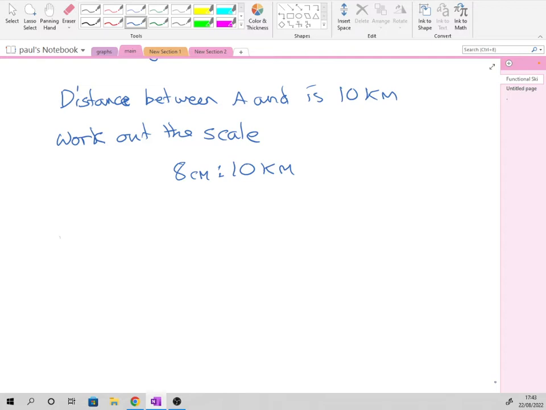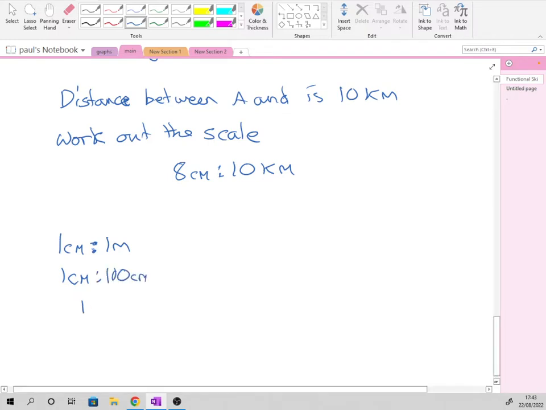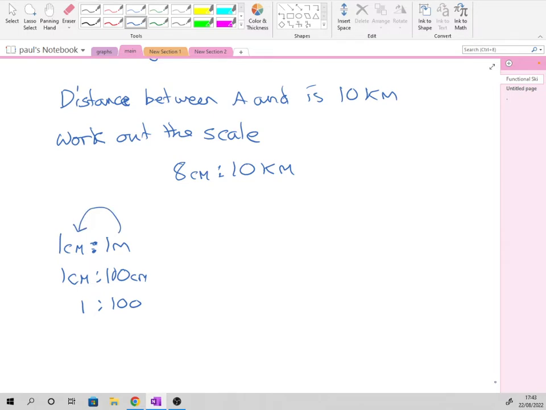For example, if 1 centimeter on the map equals 1 meter, that is 100 centimeters. So we can just lose the units and we go 1 to 100, because that is 100 times bigger.